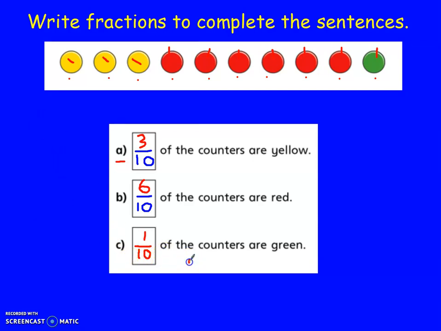And this one is our unit fraction. Can anybody remember why this one would be the unit fraction? Good, it's because it has a 1 as the numerator. The other ones have another number than 1, so they are non-unit fractions.